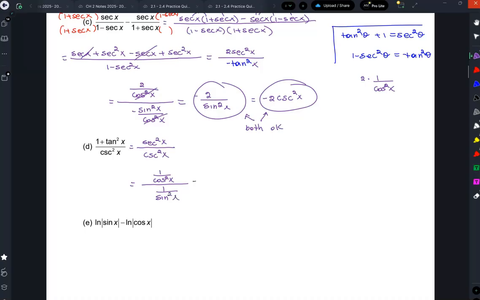So this is the same as 1 over cosine squared x times the reciprocal, right? So that is sine squared x over cosine squared x, which is tangent squared x. And again, either of these are okay.